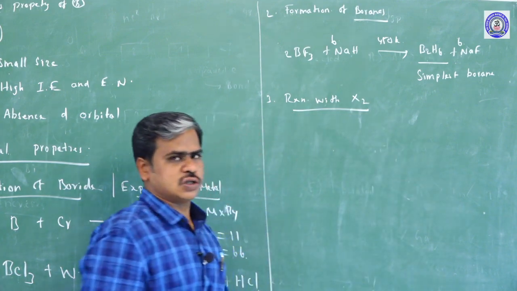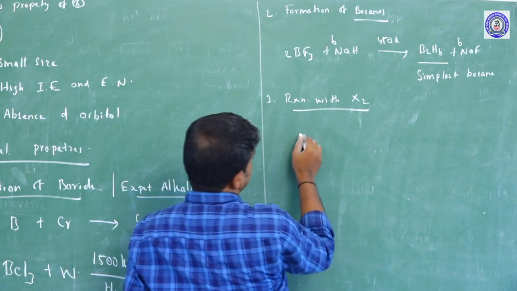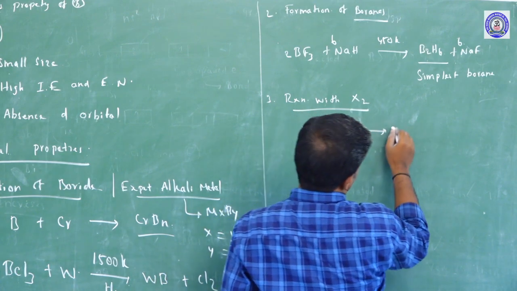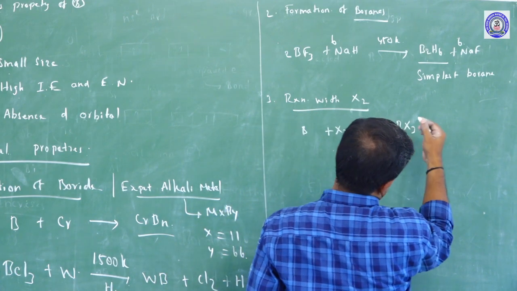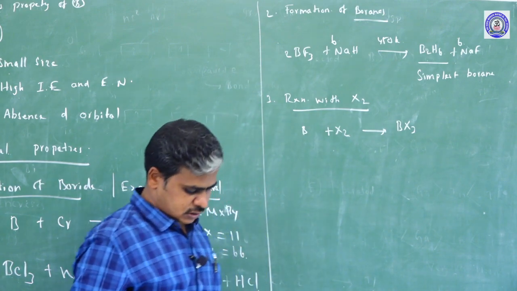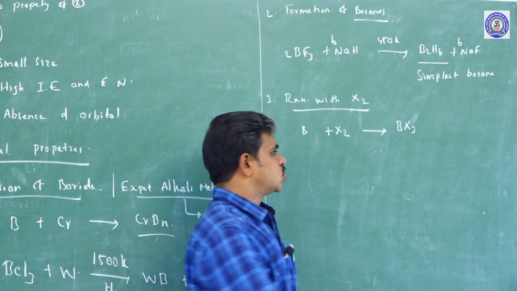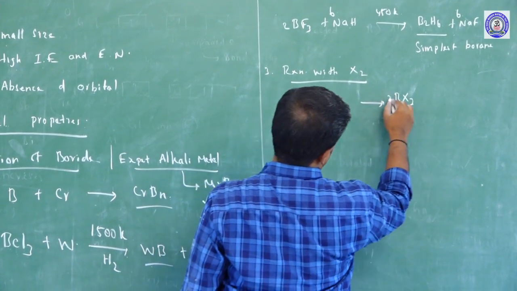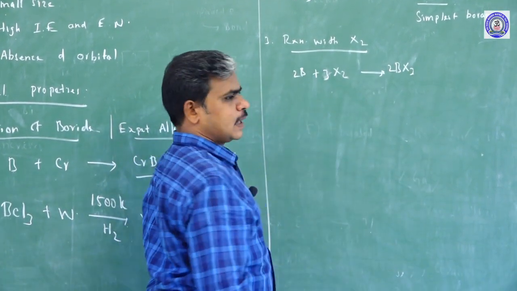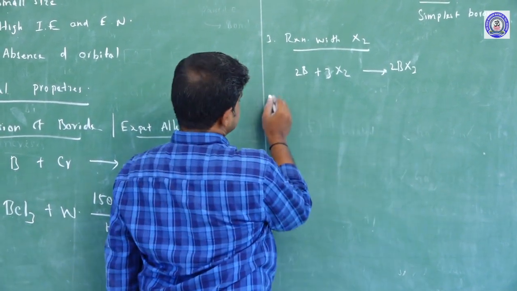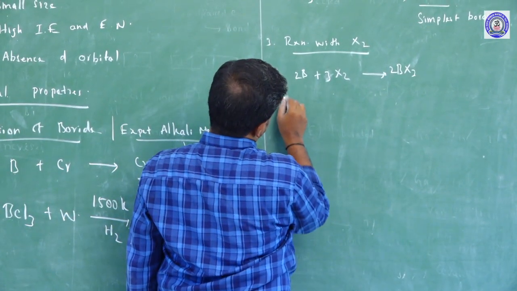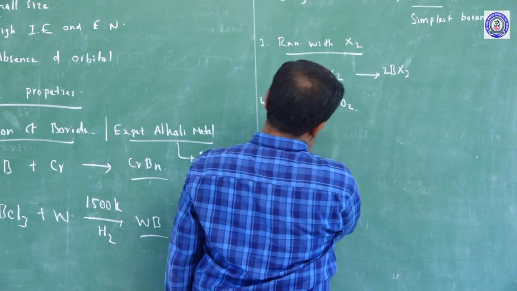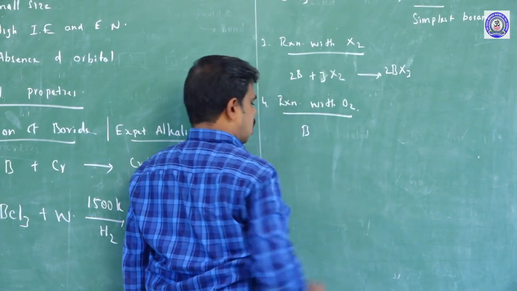Boron is reacted with the halogen and forms BX3 type of halides. And the next one is reaction with oxygen, the most important reaction. When boron.